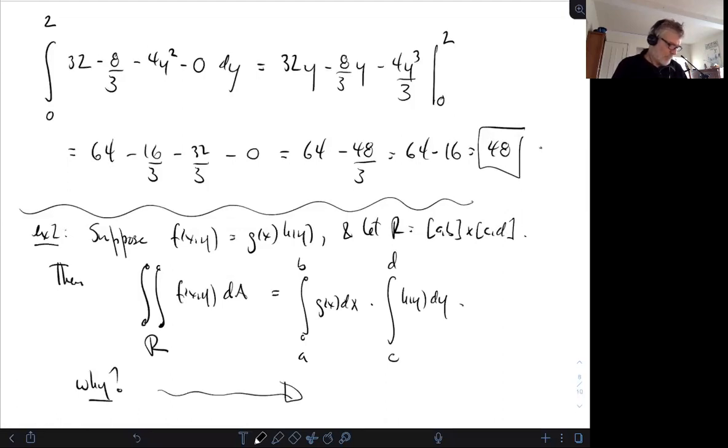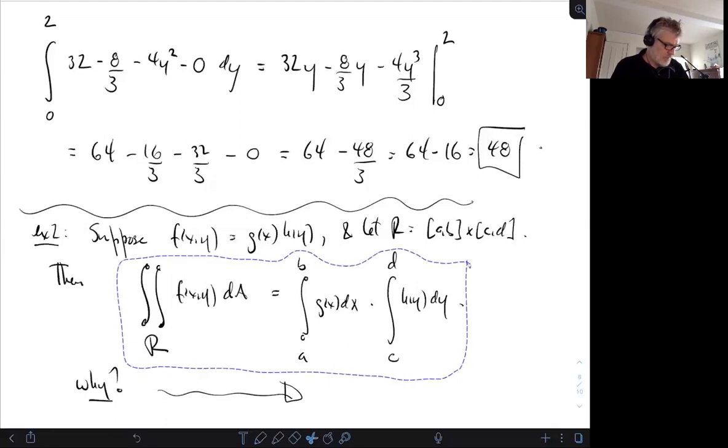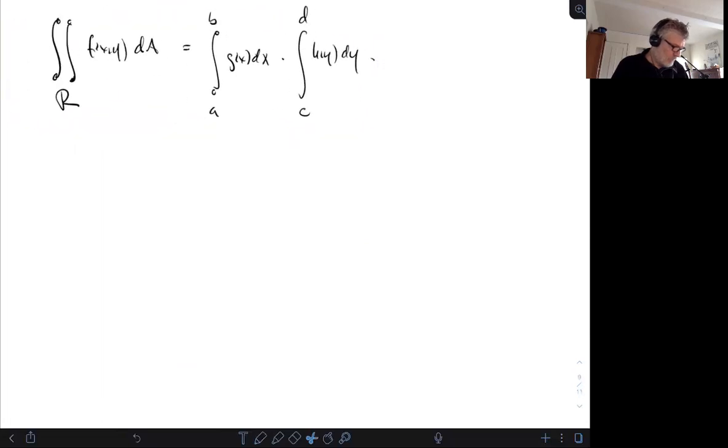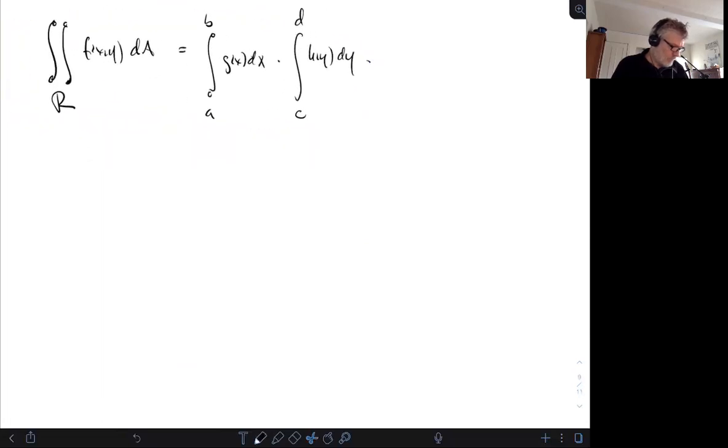Okay, so I want to verify this. I'm going to start with this side. And I didn't put the hypotheses, but I'm allowed to use Fubini's theorem.